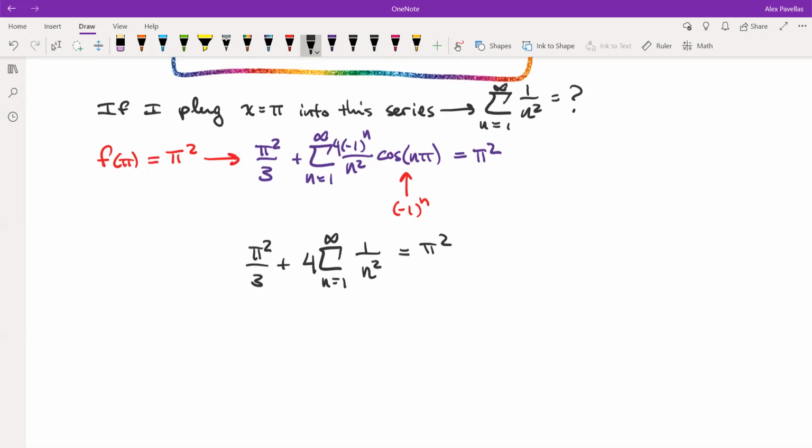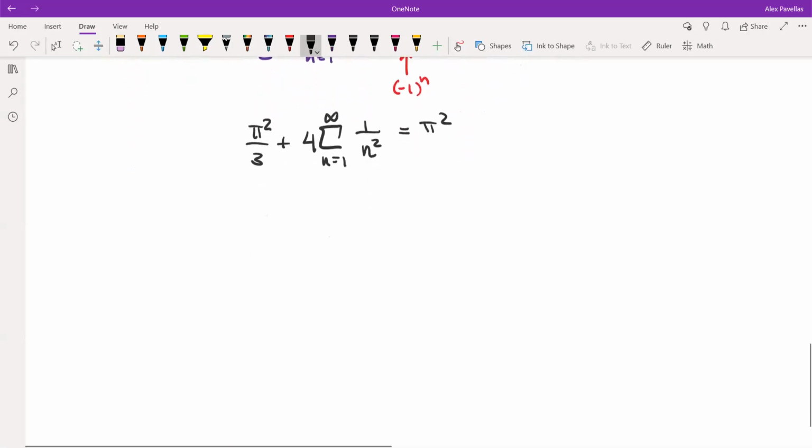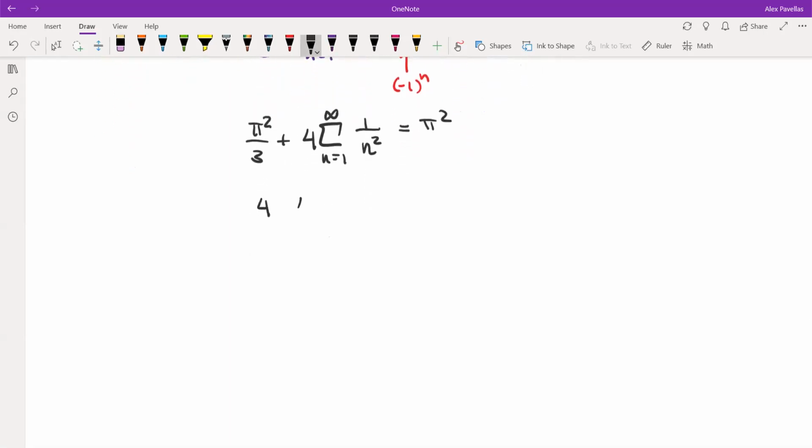Subtract the pi squared over 3 to the other side. 4 times the sum as n goes from 1 to infinity of 1 over n squared equals, if I have pi squared and subtract a third of pi squared, then I have 2/3 of pi squared, so 2 pi squared over 3.